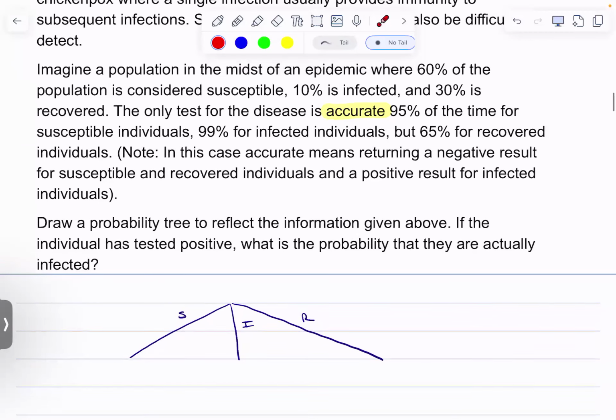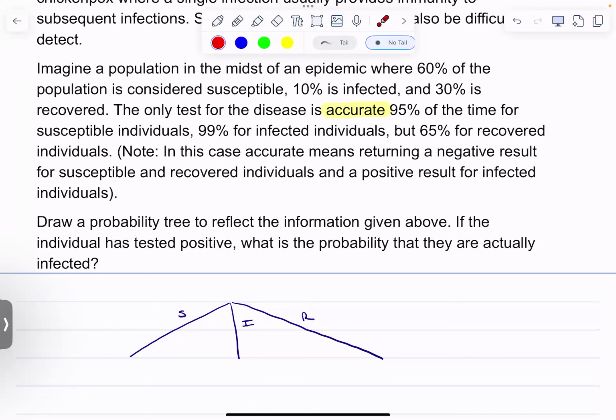It can also be something like the first event, and then the second event, right? And so obviously the second event follows the first event. So the first event is the first set of branches, and then the second event is the next set of branches.